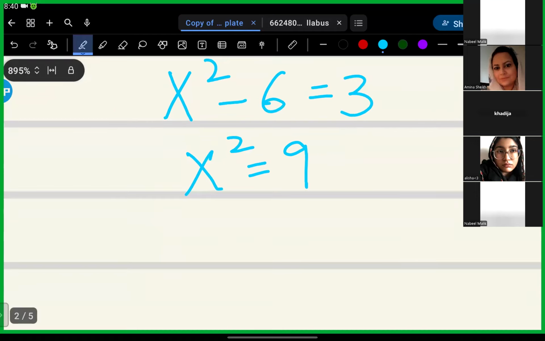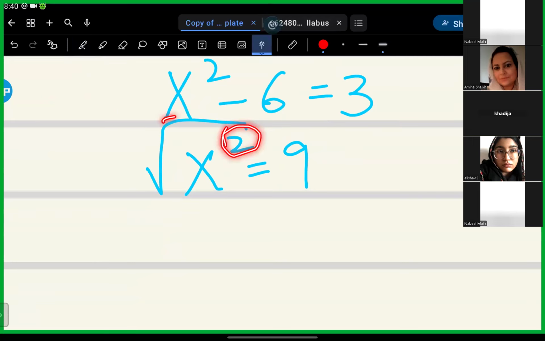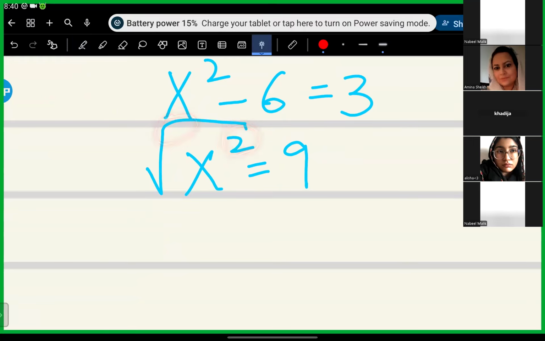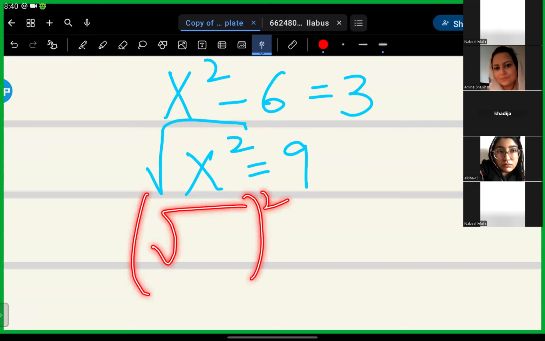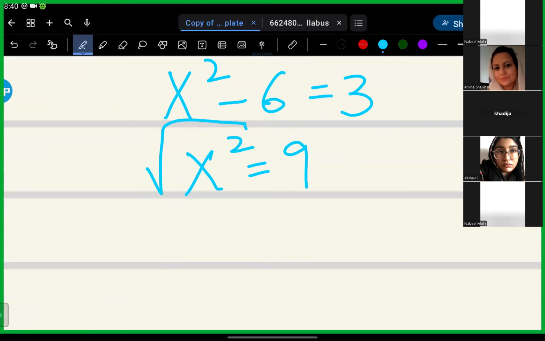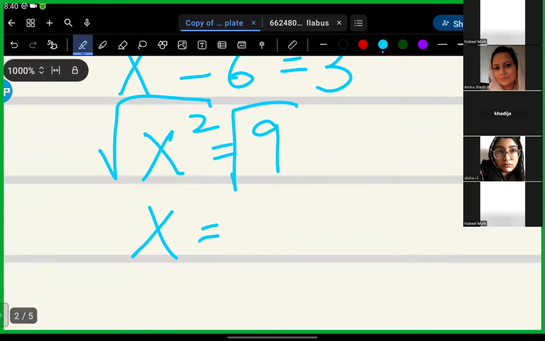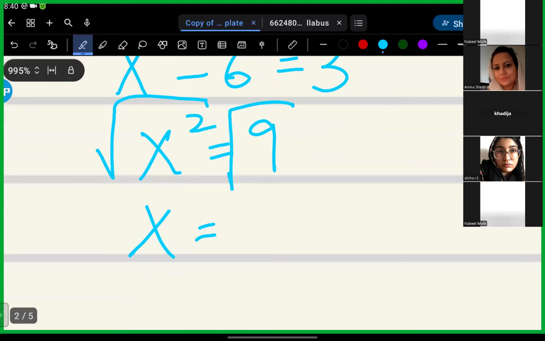Whenever there is a square, we apply under root, and whenever there is an under root, we apply square to cancel out both. Now, what is the root of 9? It's 3. To be more precise, we normally like the positive values, but for A levels mathematics it's better to write plus and minus. So it is going to be x is equal to plus and minus 3.